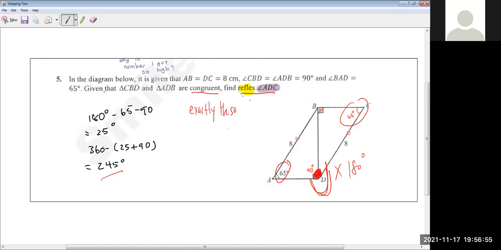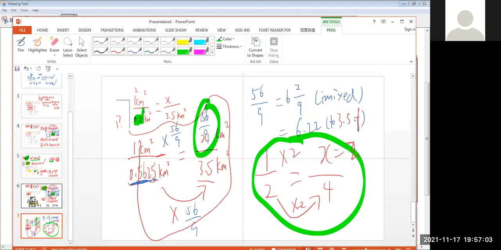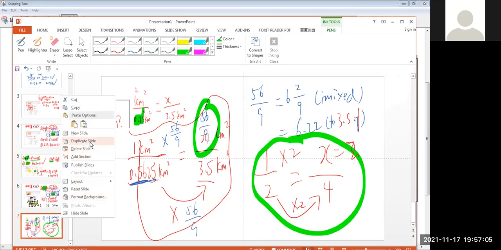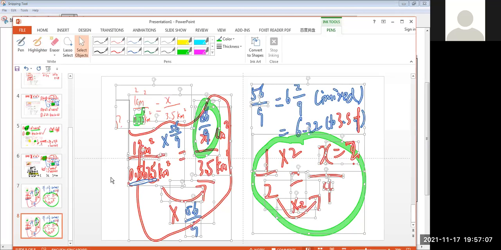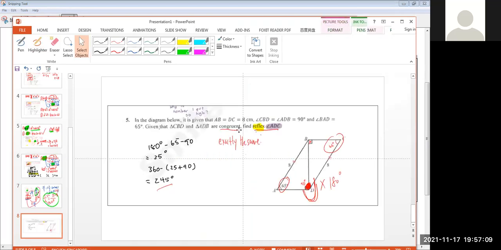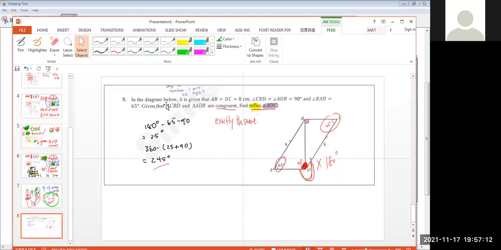What do I mean by that? Exactly the same means, okay, I'm going to take this out and put it on PowerPoint so that I can manipulate it better. Triangle CBD.